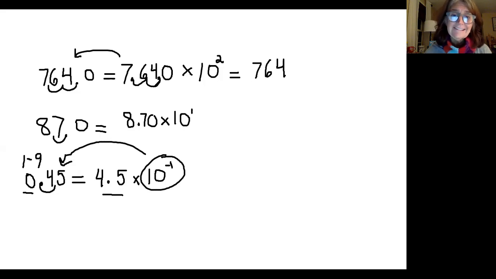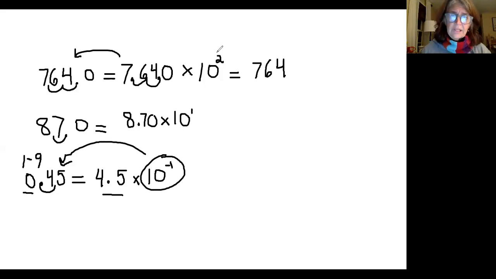Okay? It's a little bit more tricky to put numbers into scientific notation than it is to take numbers out. Taking numbers out is quite simple. You just move that decimal however many places over based on this. Positive to the right, negative to the left.